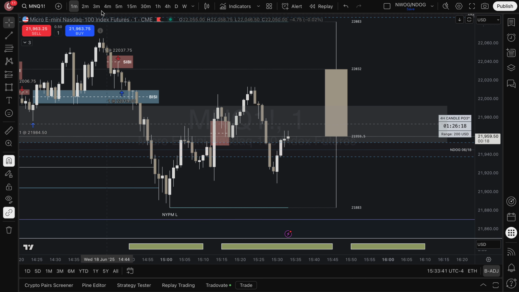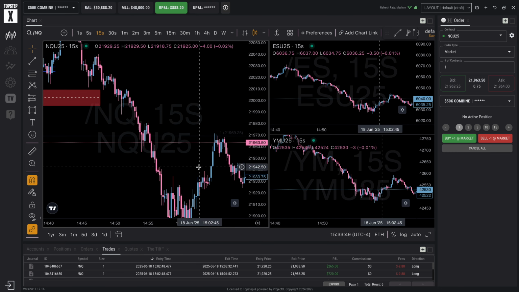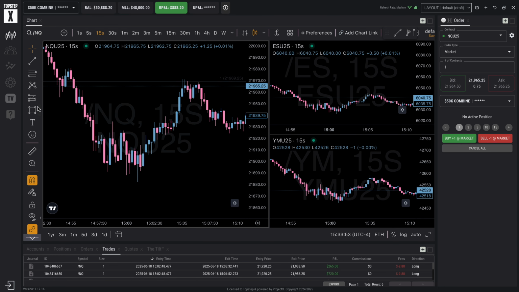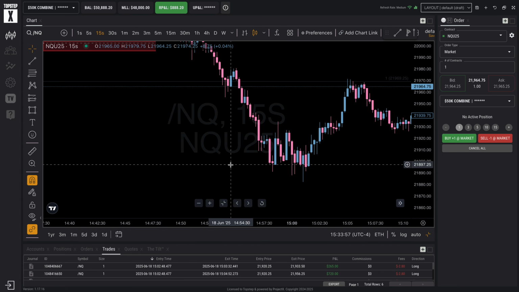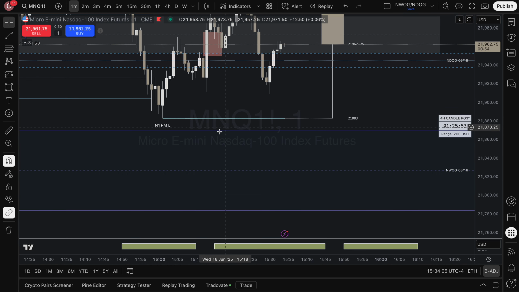I was like, okay, we took New York PM low right at 3 o'clock, right here. And I was initially thinking, okay, this is the 15-second chart, by the way. I will maximize this. I was initially thinking we're going to get down to this new week opening gap, so I can at least get maybe another 20 points.